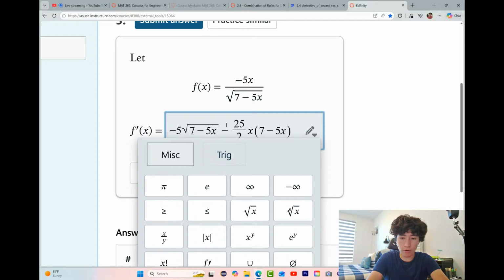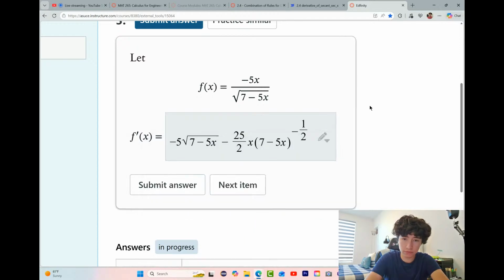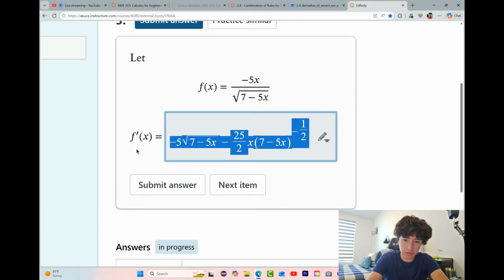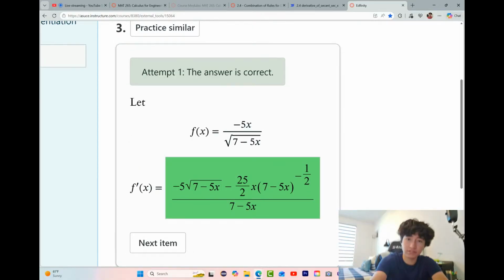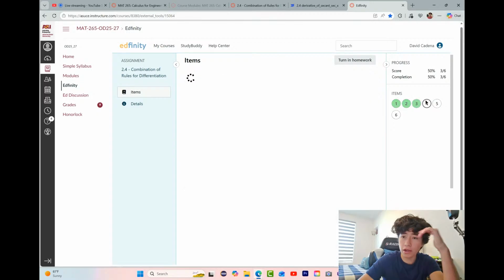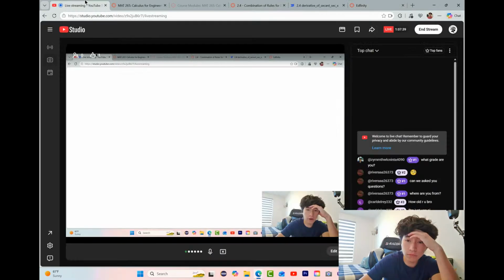This is to the power of negative 1/2. And all of this is divided by 7 minus 5x. Perfect. Let's go. All right, we're 50% of the way there.